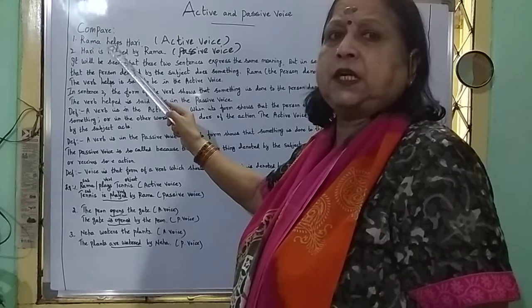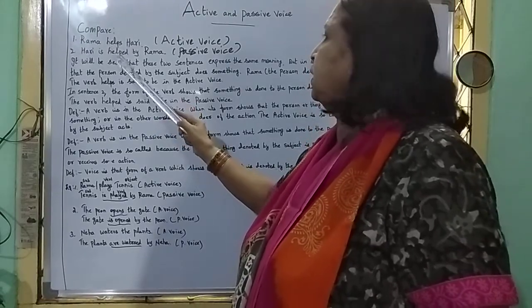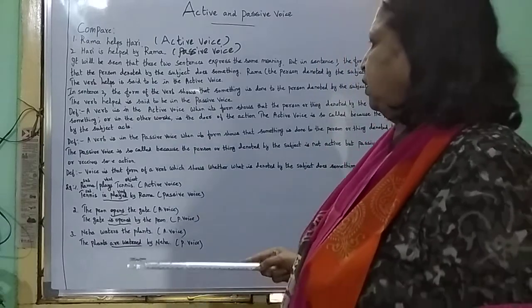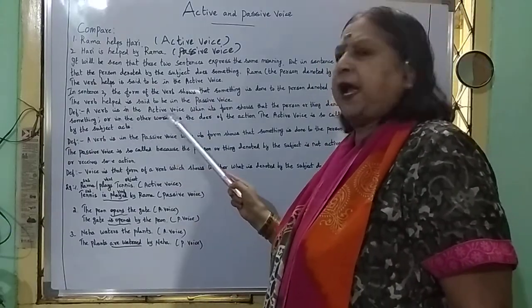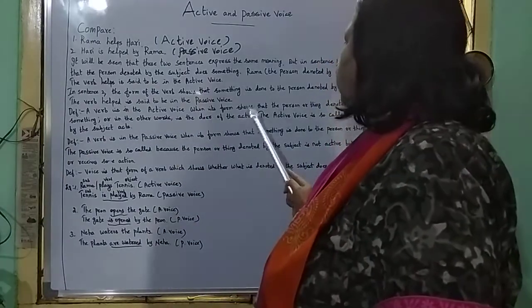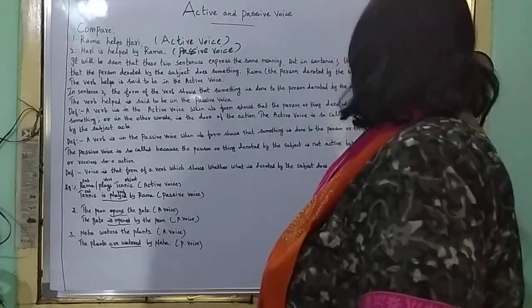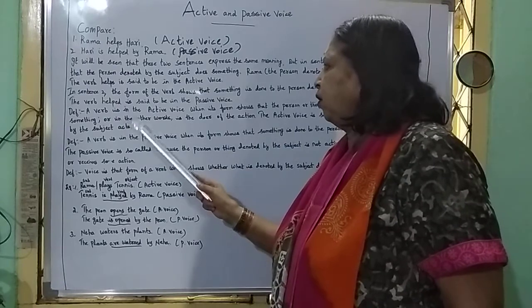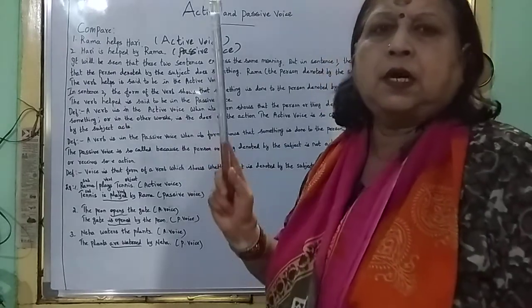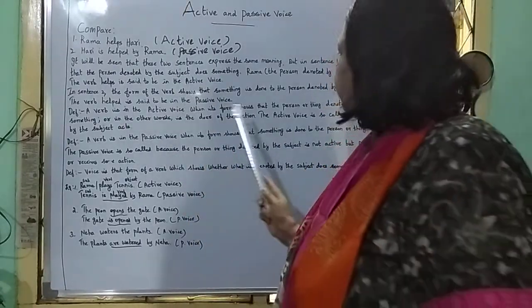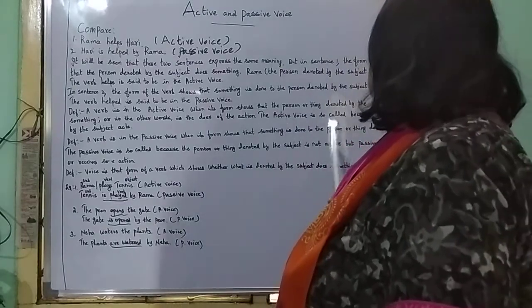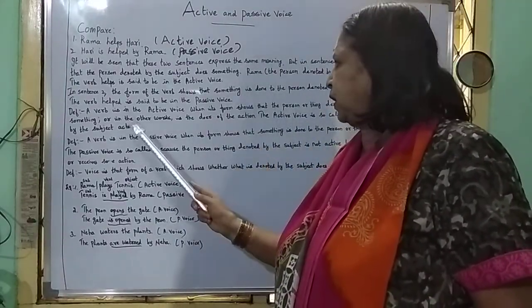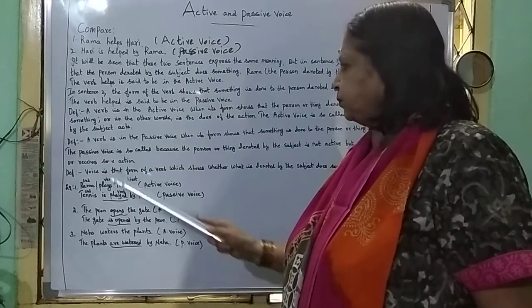In the first sentence, helps is in the active voice. In the second sentence, helped is in the passive voice. A verb is in the active voice when its form shows that the person denoted by the subject is doing something, or in other words, is the doer of the action. The active voice is so called because the person denoted by the subject acts.